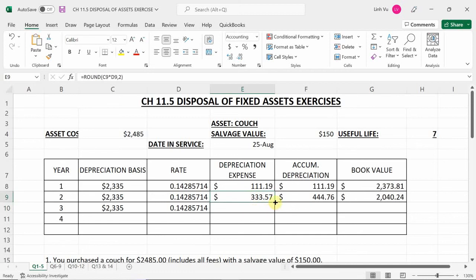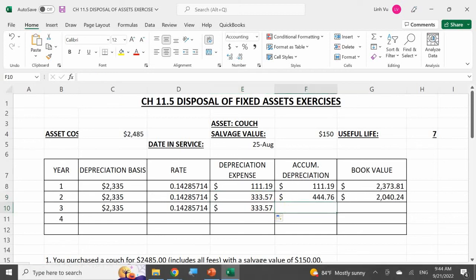So then, what about my third year? The third year is going to be the same. Accumulated would be $778.33.